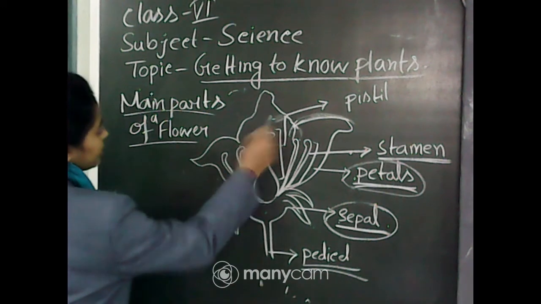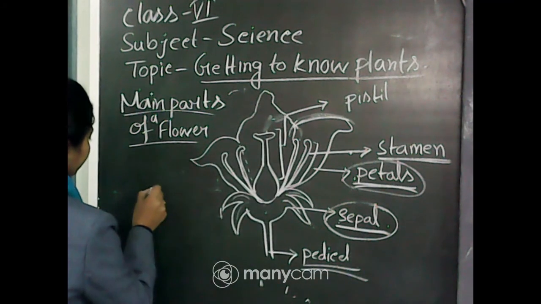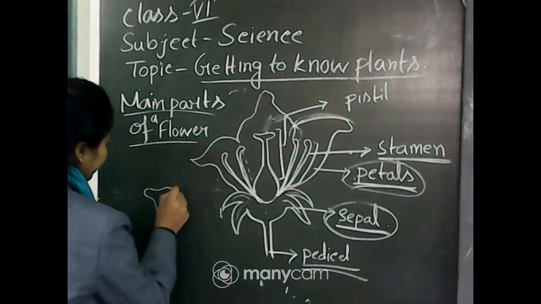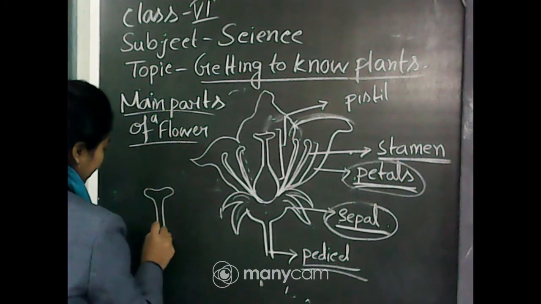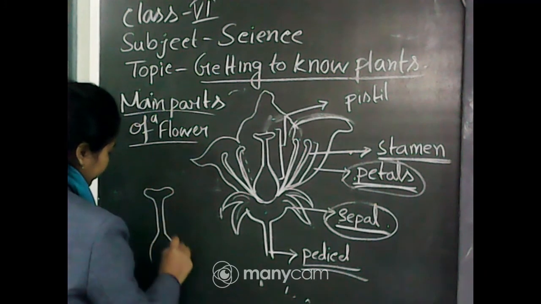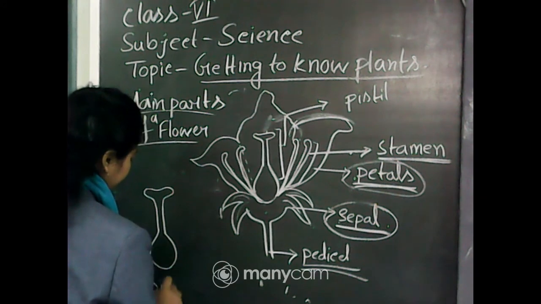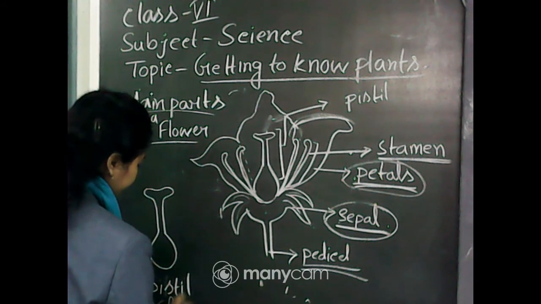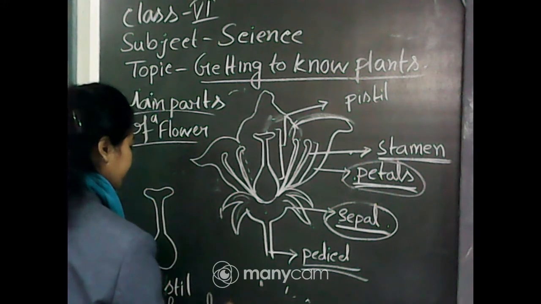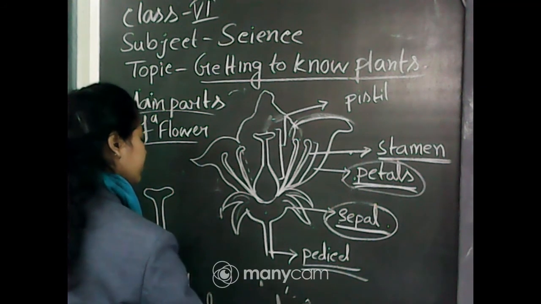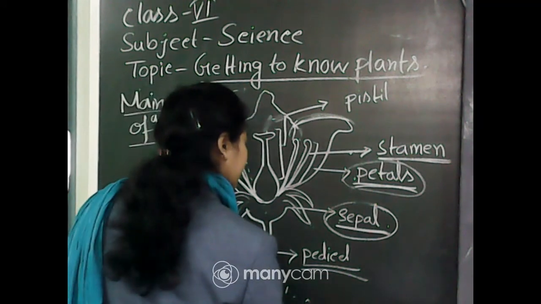If we try to draw the total pistil here, then we can see that this pistil has three different parts. Okay. This is the typical picture of a pistil or female reproductive organ.